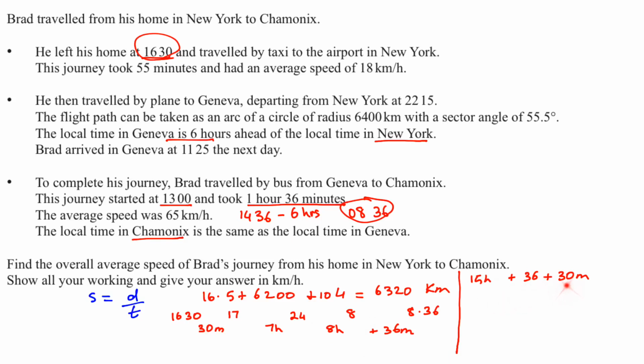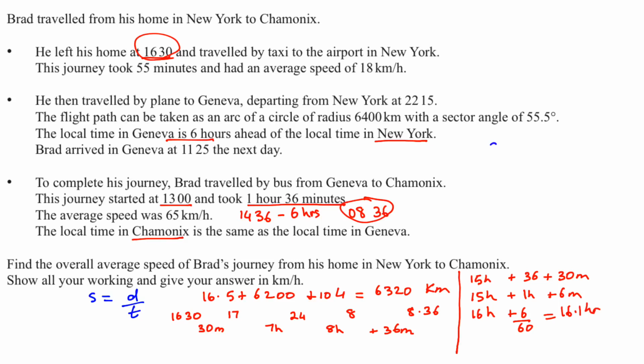In 1 hour, there are 60 minutes. So from here, we can take 1 hour. It will become 15 hours plus 1 hour, and there will be remaining 6 minutes. So 16 hours and 6 minutes. Now we have to change this into hours. So we will divide the minutes by 60. We will get 16.1 hours.